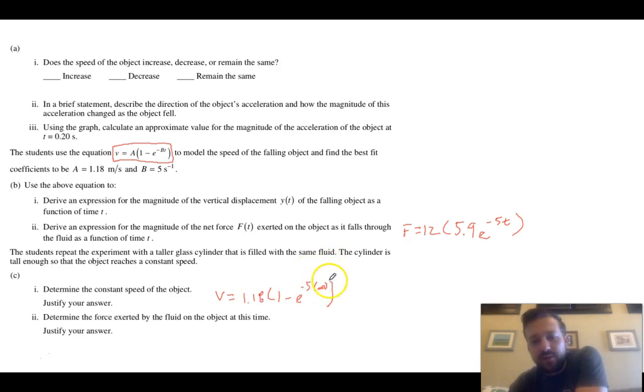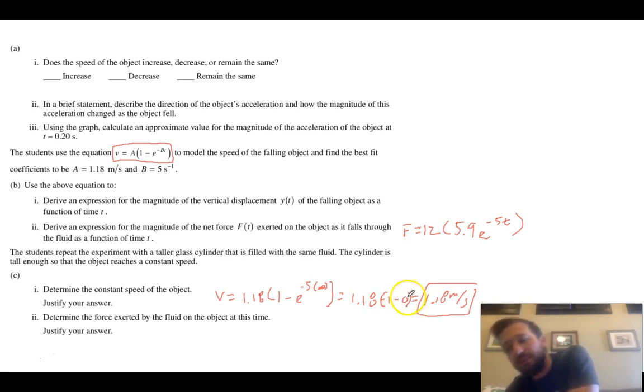If I use infinity, it'll tell me the exact terminal velocity. So this is going to be e to the negative infinity. If you don't know what that is, that's 0. So I have 1.18 times 1 minus 0. 1 minus 0 is just 1, so our answer here is 1.18 meters per second, our terminal velocity, or the constant speed it would reach if you gave it more time to fall.